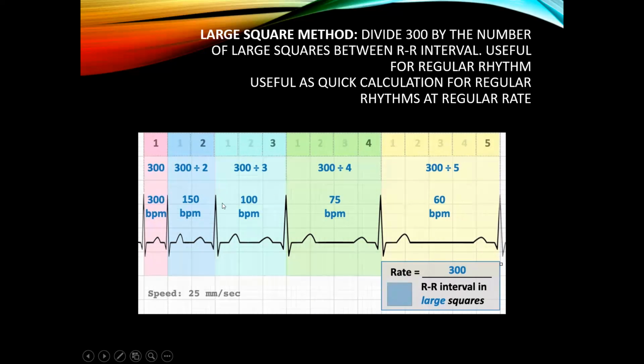In this case, if there are 3 large boxes, 1, 2, 3, we do 300 divided by 3, which gives us 100 beats per minute, okay? If there are 5 large boxes, 1, 2, 3, 4, 5, 300 divided by 5 will give us 60 beats per minute. So this large square method is very useful for regular rhythms, okay? And it's actually the quickest method that we commonly use for a regular rhythm, okay?